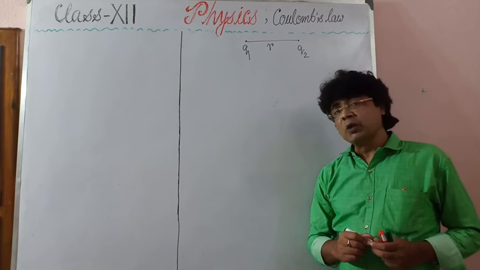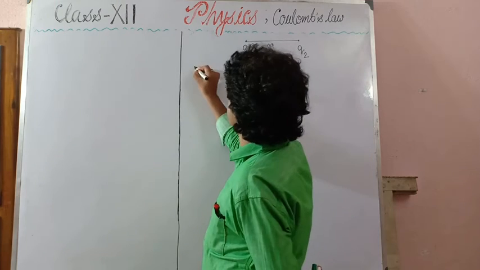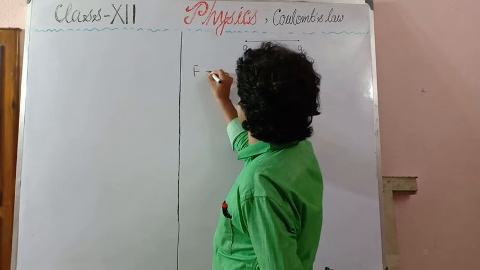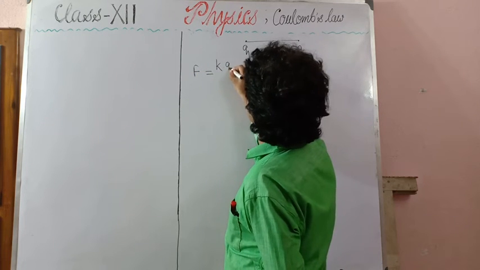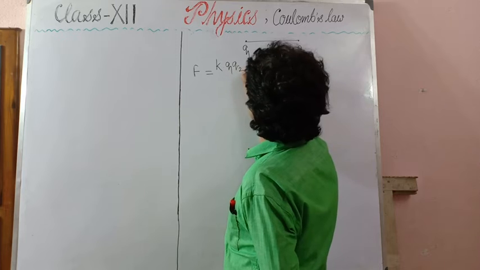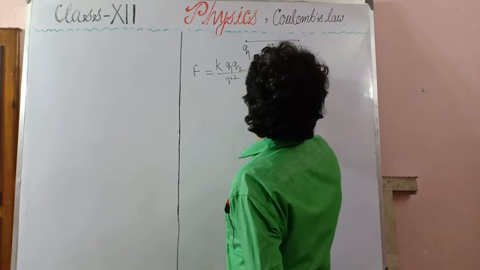What we obtained from Coulomb's law is that the electrostatic force F equals electrostatic constant K Q1 Q2 by R square.